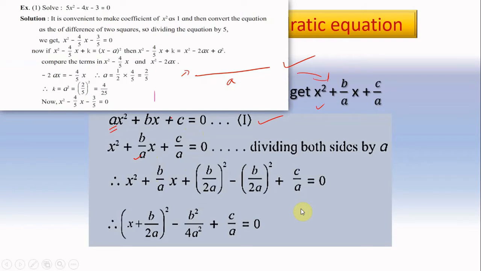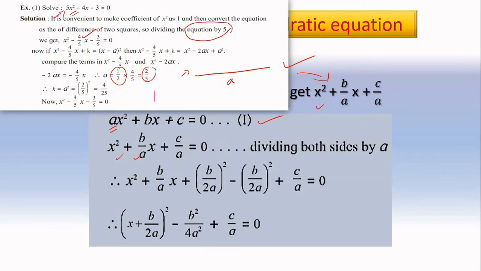Just go to example number 1 in your textbook, where it is clearly shown that the question was 5x square. In order to remove 5 from here, we had divided the whole equation by 5. The same technique is used over here in order to remove a. Thereafter, on going further, we divided the second term coefficient 4 upon 5 by 2. That was another technique used.